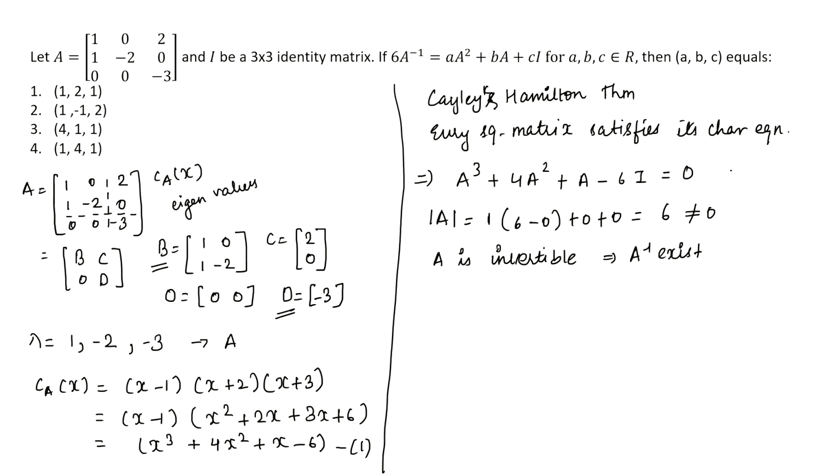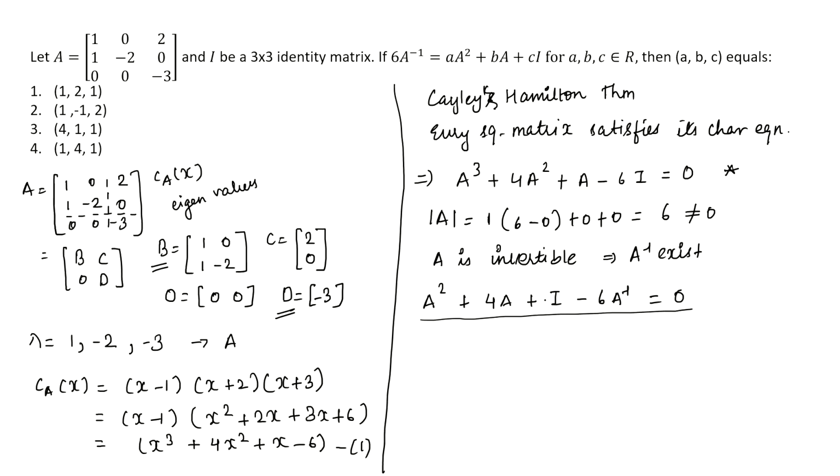So let us see what happens when we multiply this equation with A inverse. So this becomes A square + 4A + A into A inverse, which is I, minus 6A inverse is equal to 0. So this is the equation we have obtained.